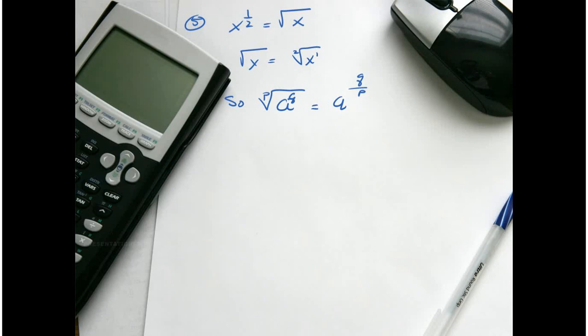The q, on the other hand, was in the same place as the 1, so I put the q on the numerator. So for example, if I had the cube root of x squared, the p in this case is 3, the q is 2, and I represent it as x to the 2/3. They're one and the same thing.